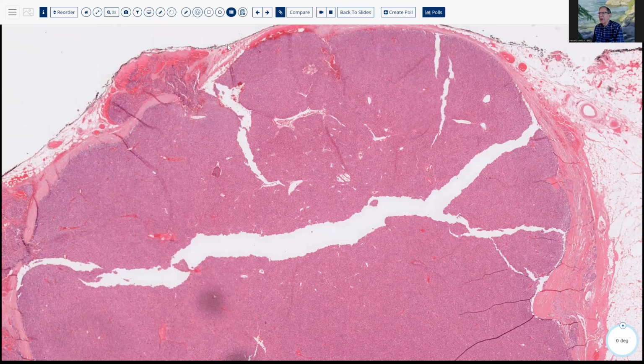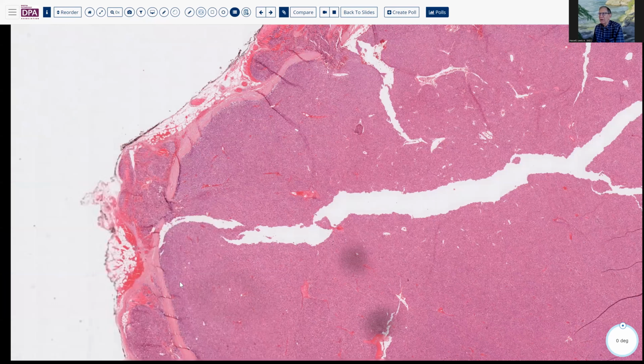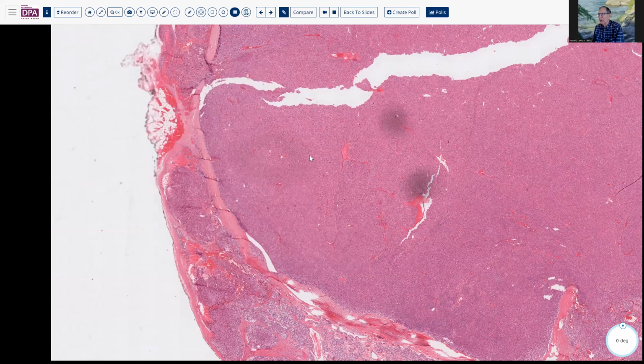Here again, though, we see an area of capsular penetration, which goes nicely through this capsule here, extending into the periphery. Here's another area here. And the more of these kinds of findings that you find, the more likely it is that you're going to be dealing with a parathyroid carcinoma. And likewise, the more likely it is that this was a lesion that was somewhat difficult to remove.